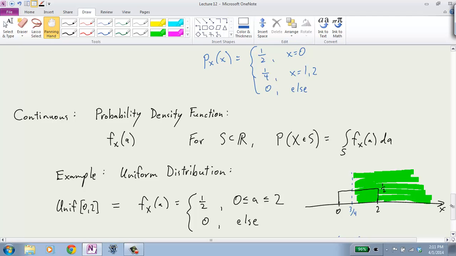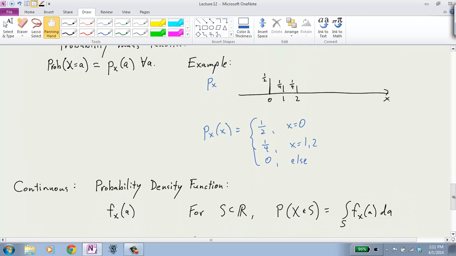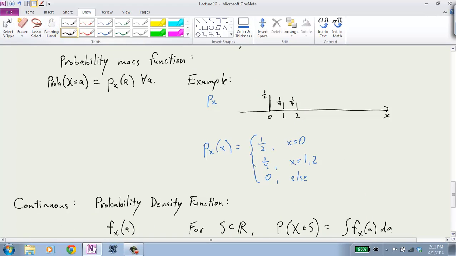Okay, the same thing we could have expressed up here. Let's go back to the discrete case for a minute and make a statement similar to continuous. The probability that x is in some set. Instead of saying the probability that x equals a, I could say the probability that x is in a set S equals what? By our rules of probability, what should this equal?